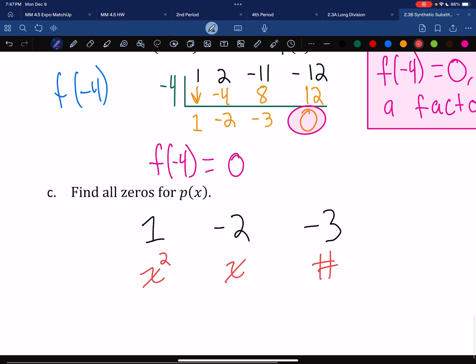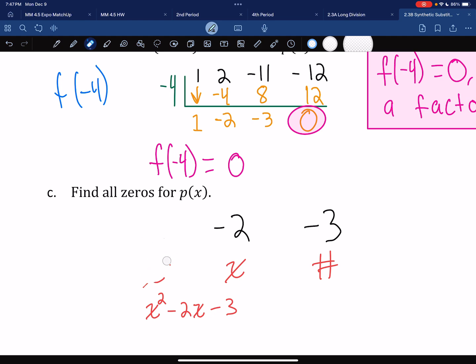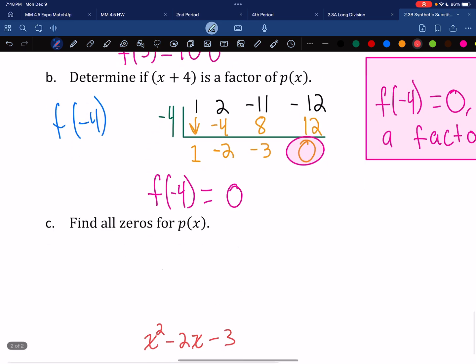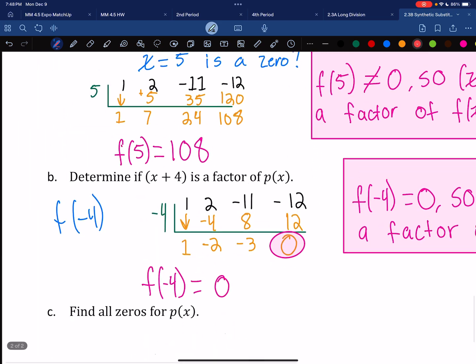So now my equation is 1x squared, or just x squared, minus 2x minus 3. Okay, I'm going to erase what's on top just so I have room to write. It should make sense, but if not, all I'm saying is that we already did the division, so I don't need to do it again.